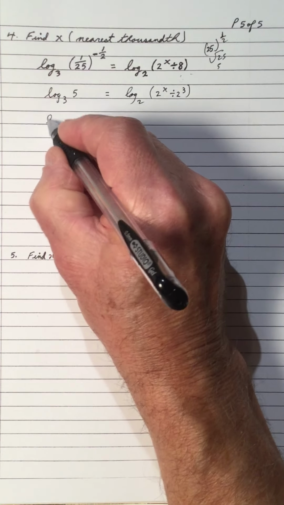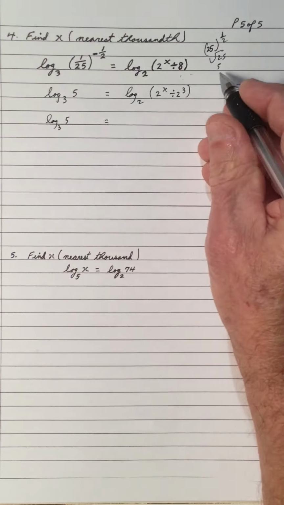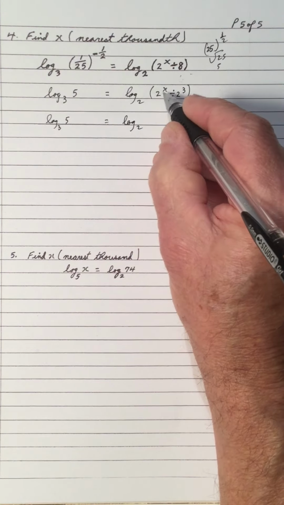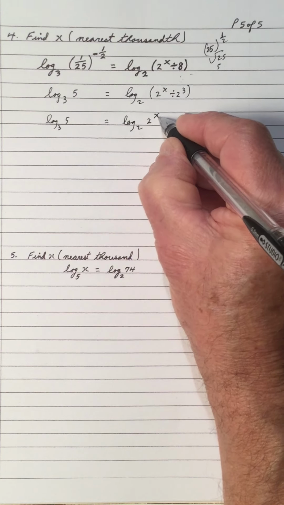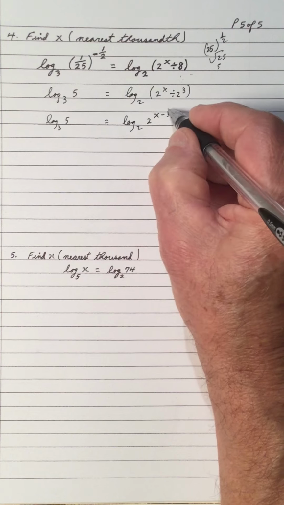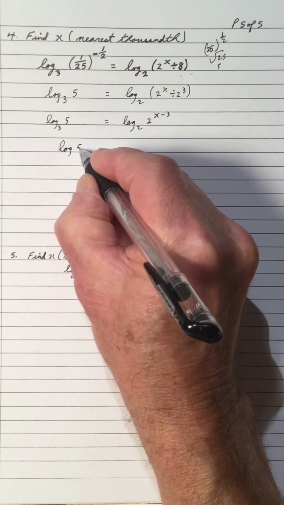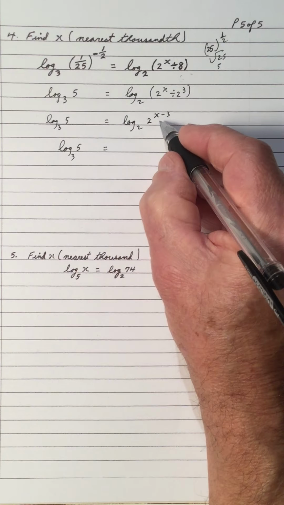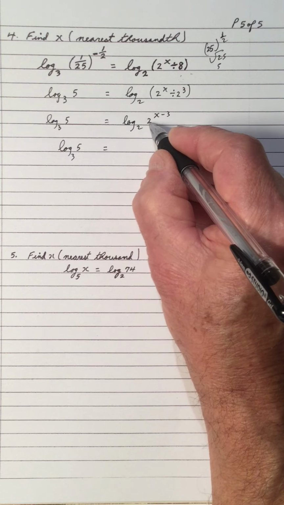And because we're dividing, we subtract the exponents. So it's 2 raised to the x minus 3. So we have log 5 base 3 equals, and notice the base here is 2.